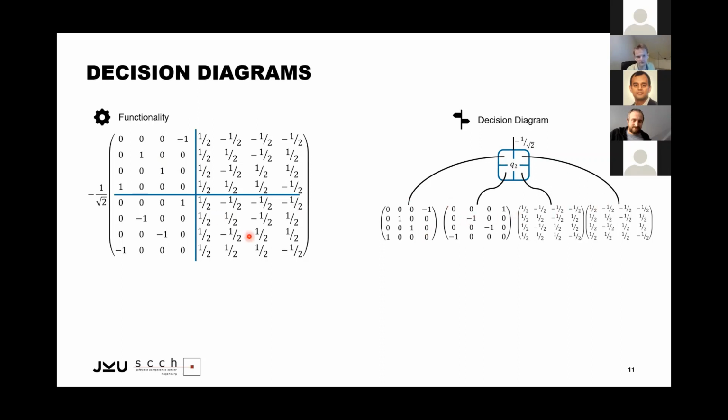You can basically check that. That's the fourth matrix, which is actually shown here. And by decomposing like that, as I will show in the following, you can actually find potential for a more compact representation.